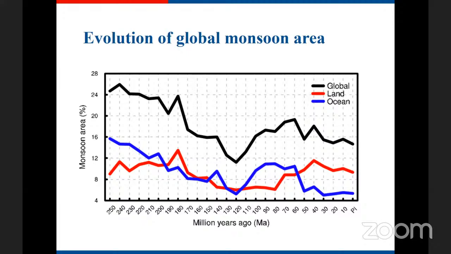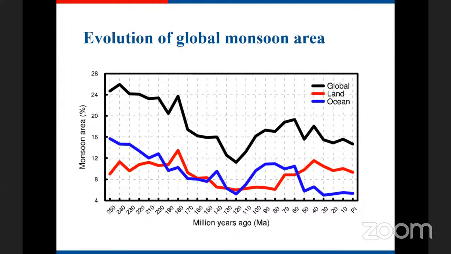Then the minimum is at about 120 MA. Then increasing again, there is a second peak at 60 MA. Then slightly decreasing. That's the global monsoon area.